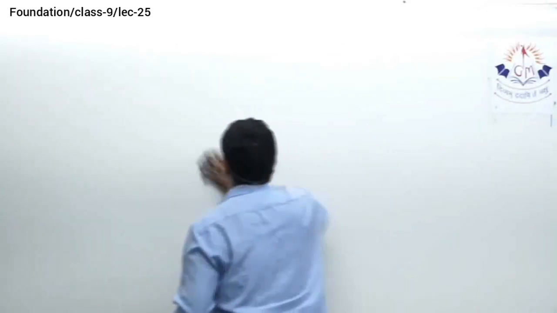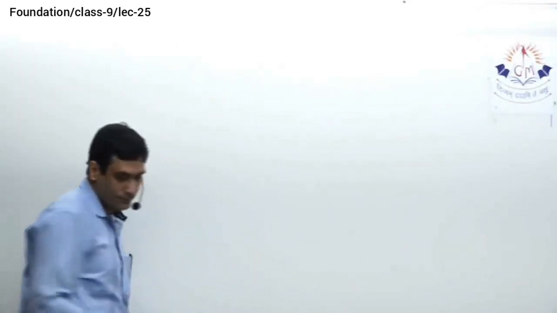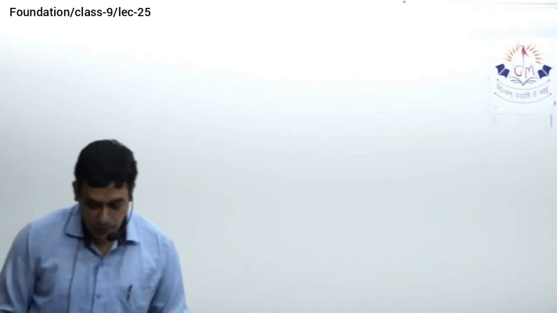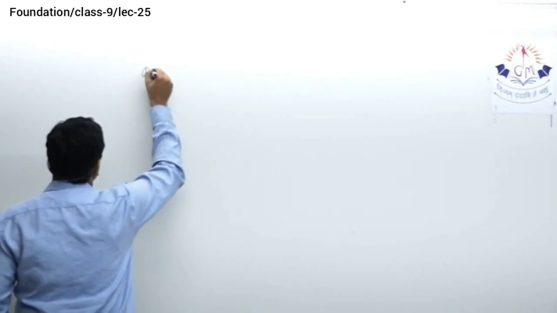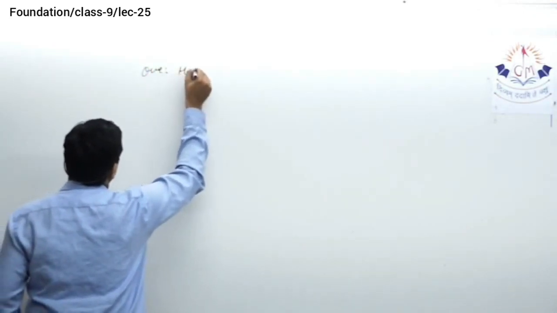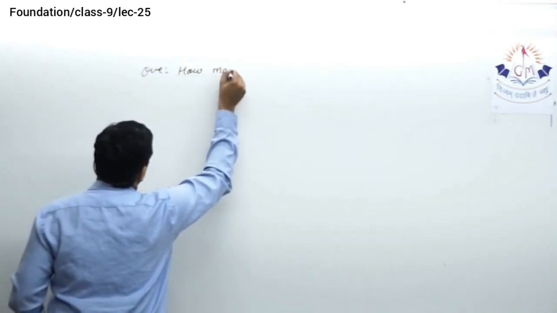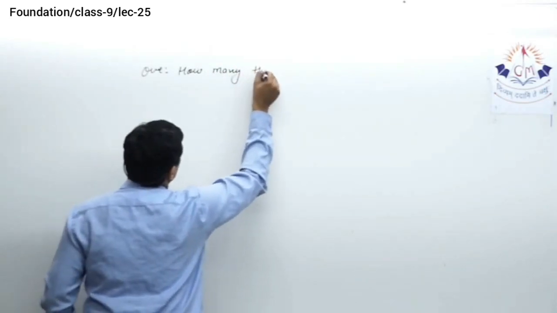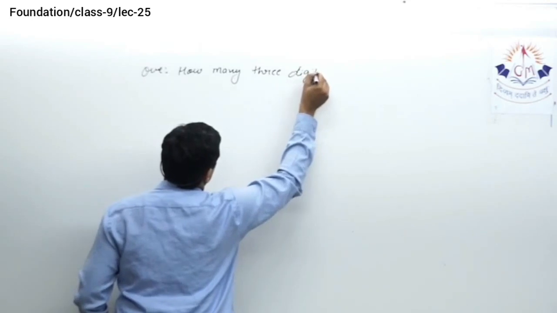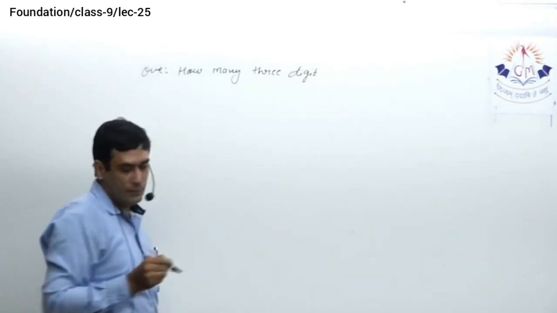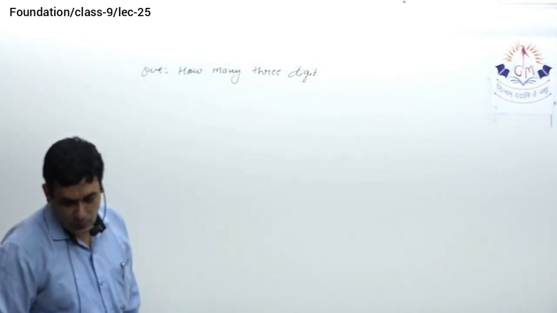So the question goes in this way: how many 3-digit numbers are divisible by 7?